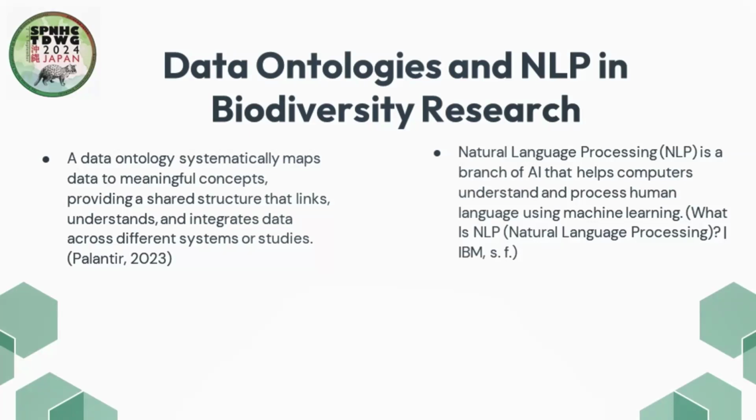It is the ontology that provides the map linking data to well-defined concepts, enabling better integration, application development, and collaboration. At the same time, natural language processing, or NLP, allows computers to process human language, which is critical for extracting useful insights from large amounts of text.